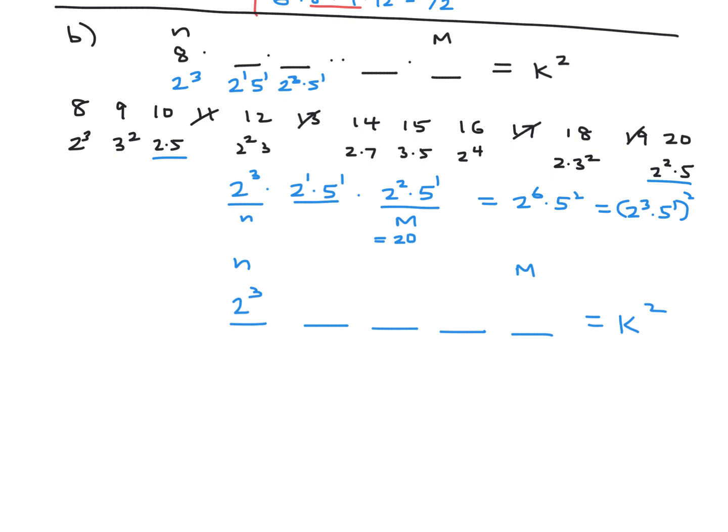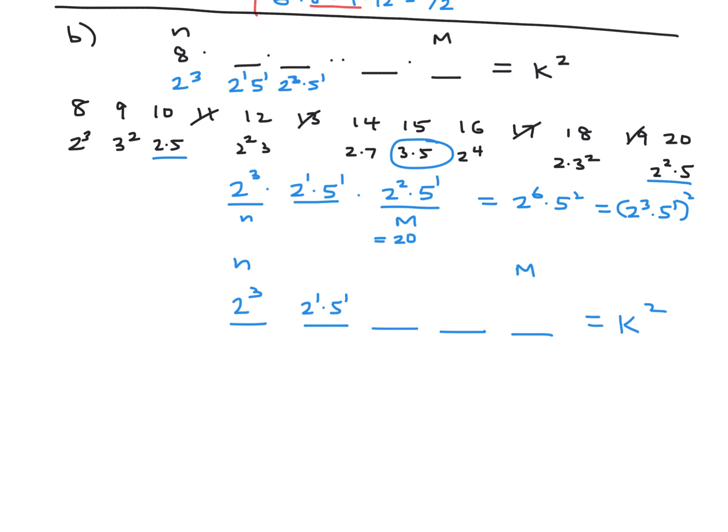All right, now let's see. Well, I like that 2 to the power of 1, 5 to the power of 1 for some reason. I'm going to stick that back in there. And then this time I'm going to combine it with the 3, this guy right here. So that's a 15, right?